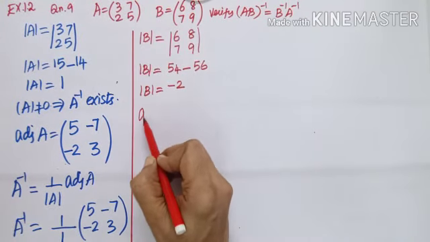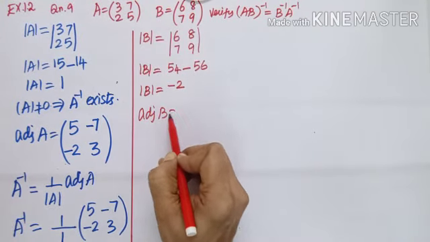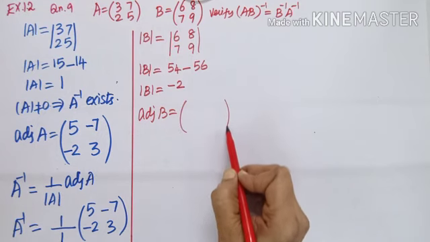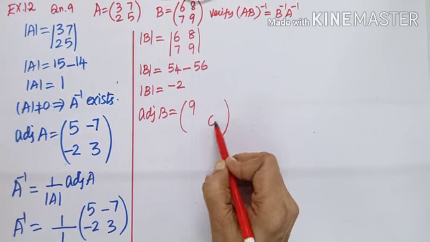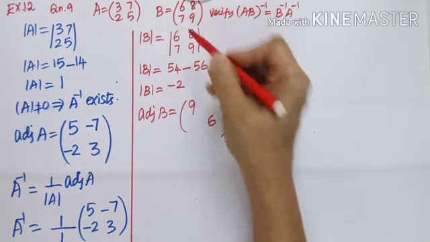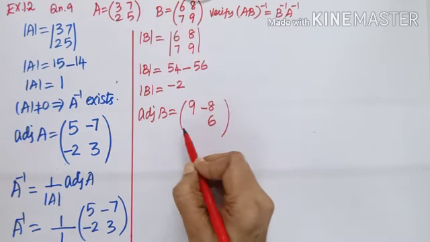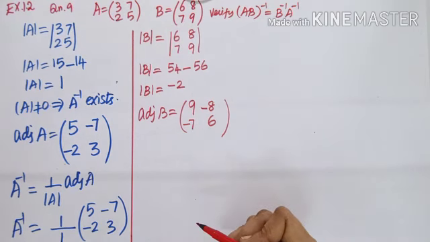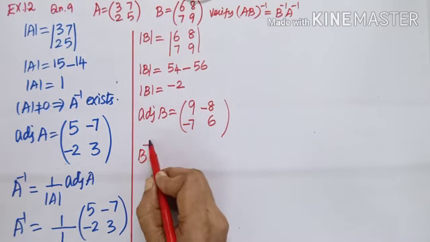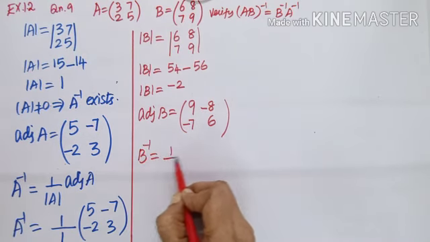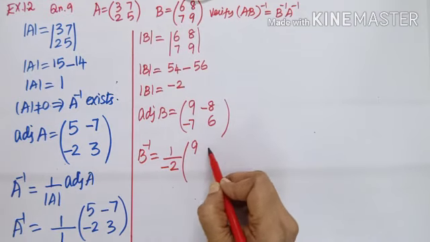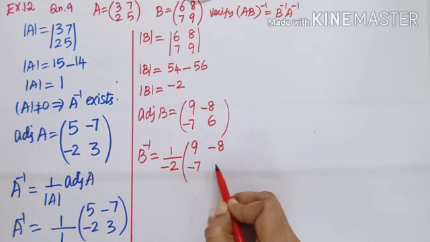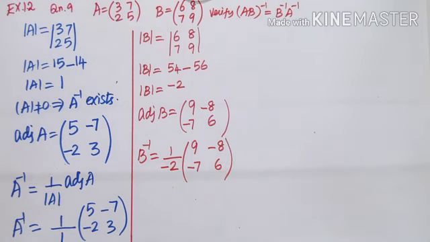Now we write the adjoint of B. Interchange the main diagonal: 9, 6. For the other diagonal, change the sign: minus 8, minus 7. Now B inverse is 1 by determinant B times adjoint: 9, minus 8, minus 7, 6.